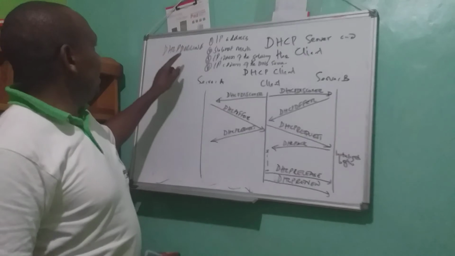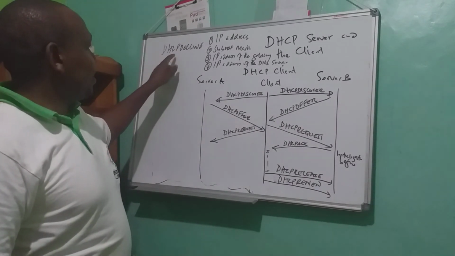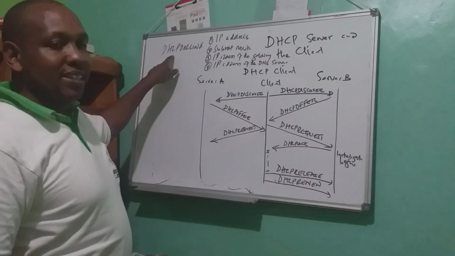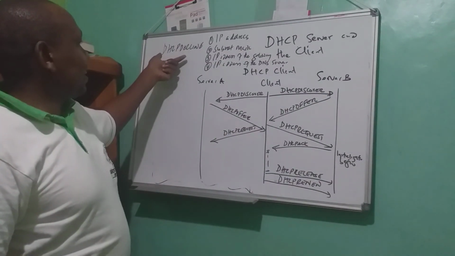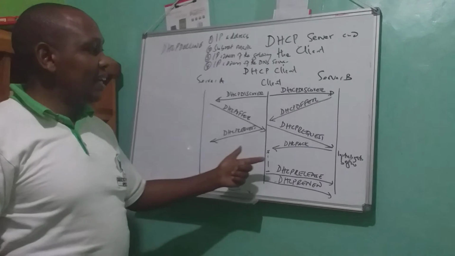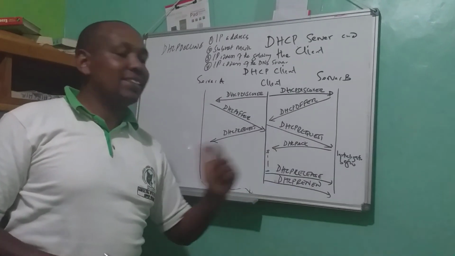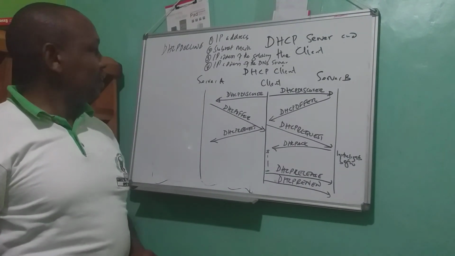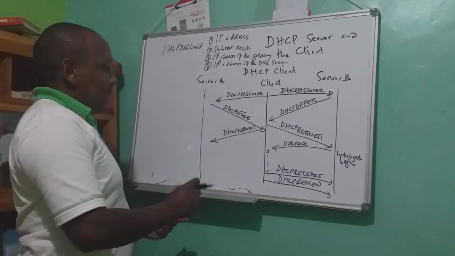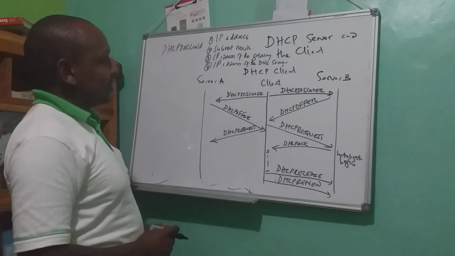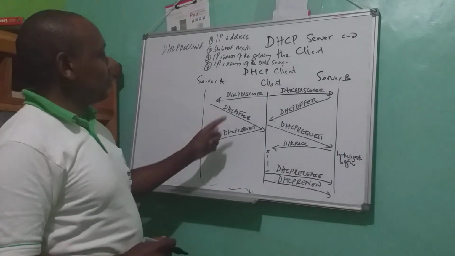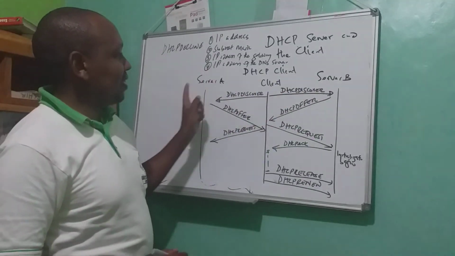Maybe the admin has allocated a static IP address. Then this computer or the client will send DHCP decline that I no longer need these parameters. So these are the messages or conversation between the client and the server.